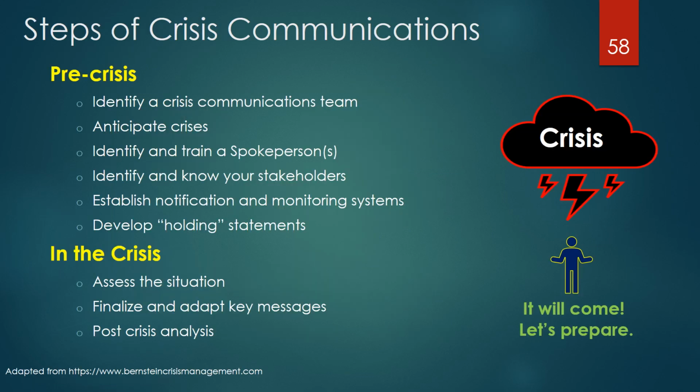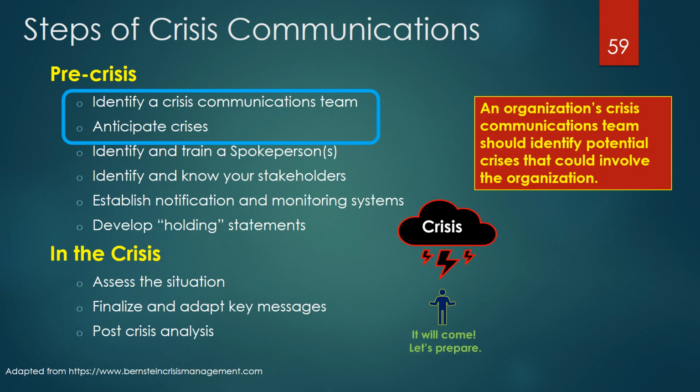Let's now focus for a few minutes on the crisis communications of pandemics, like that of COVID-19, using an outline developed by Bernstein. There are several pre-crisis steps that organizations, including public health, should complete in preparation for crisis communications.